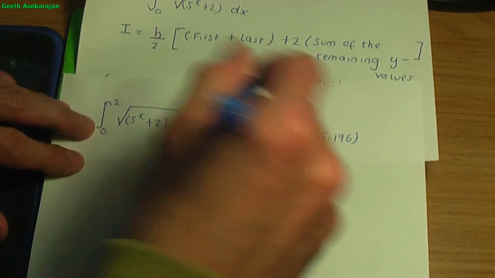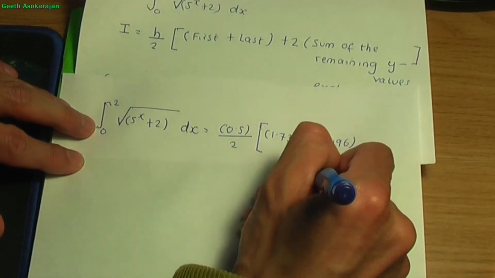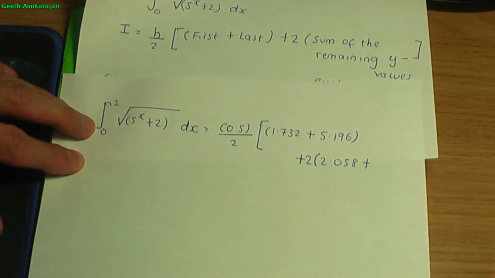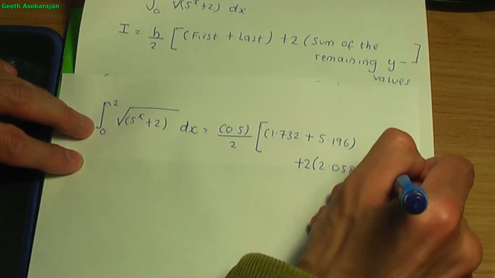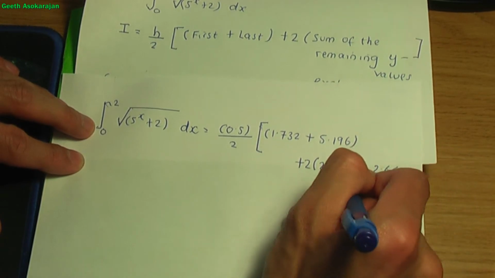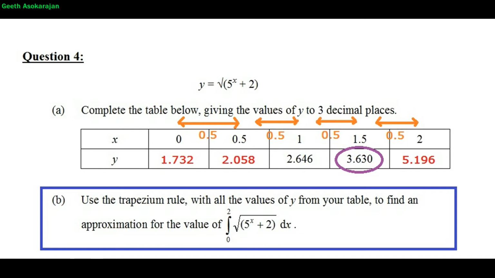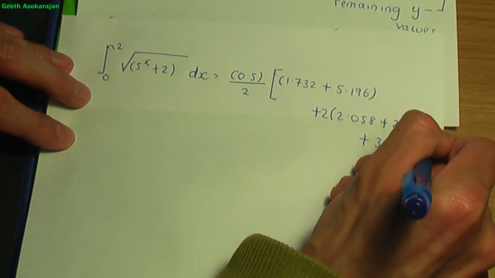So the remaining y values are 2.058, plus the next one, 2.646, plus the next one, 3.630, close brackets.